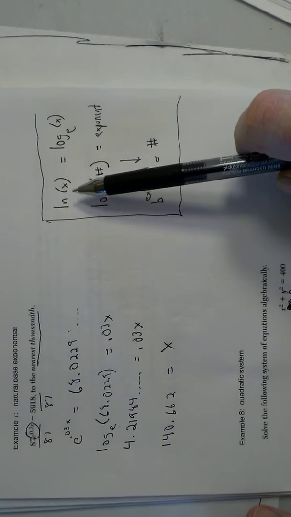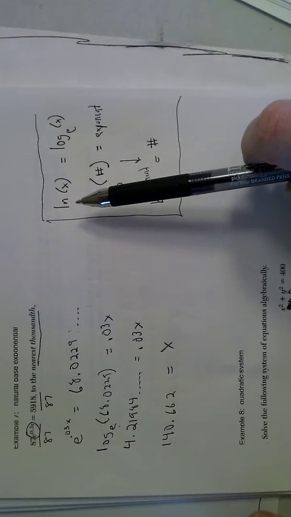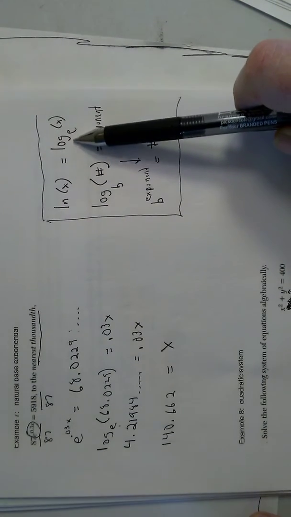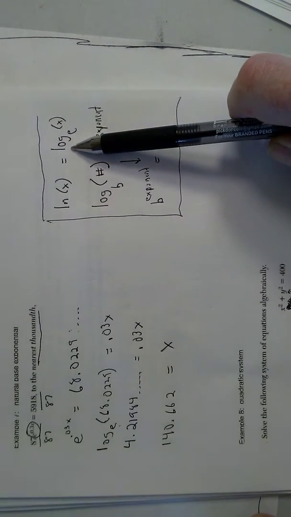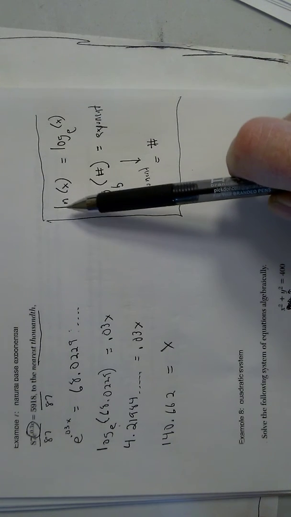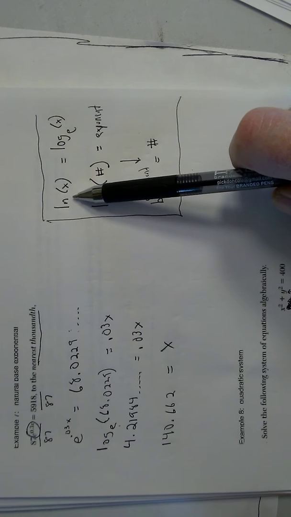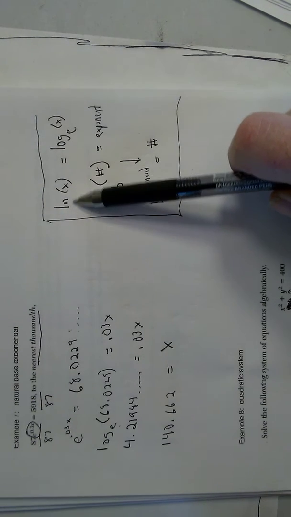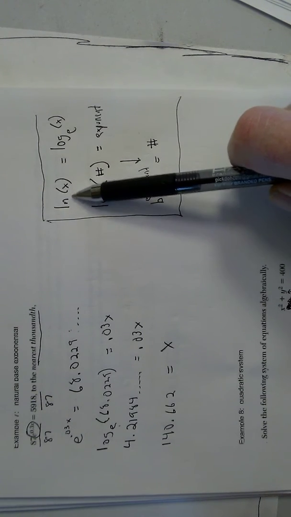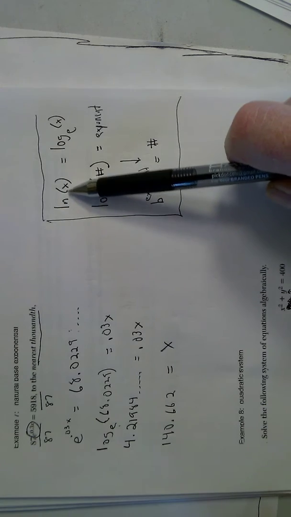Okay. So what you know about logs is that the log base of some number has an output that's an exponent. So if you were to rearrange this into an exponential, it would be base raised to the exponent gives you the number. Base, exponent, number.